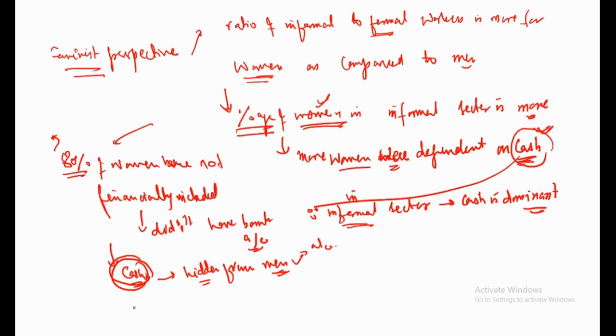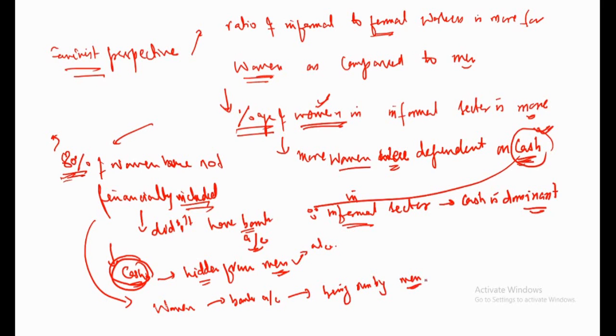And the other thing is why 80% of women don't have bank accounts. The reason can be that even those women who have bank accounts, their bank accounts are being run by men.